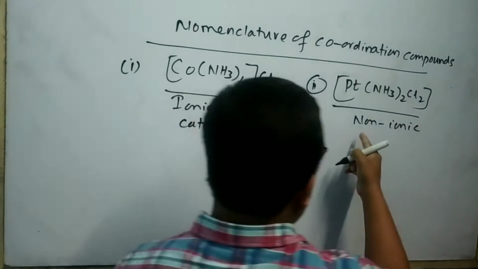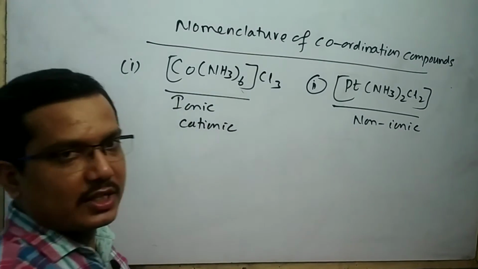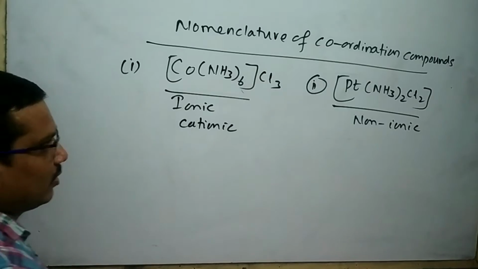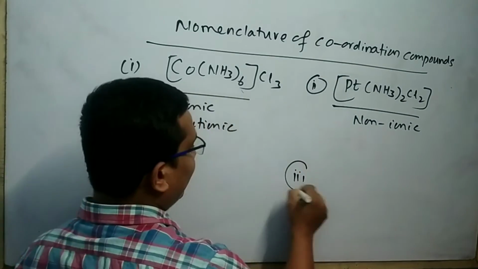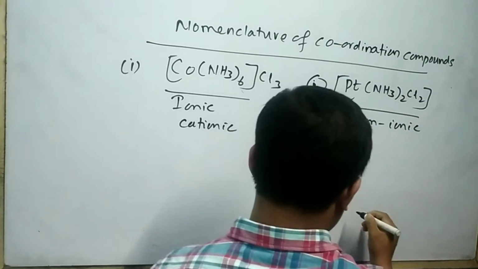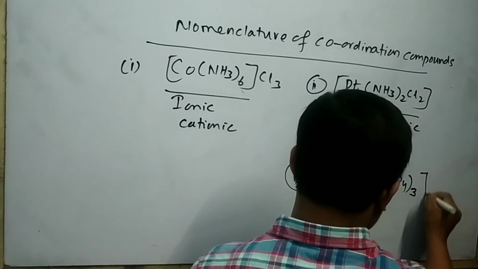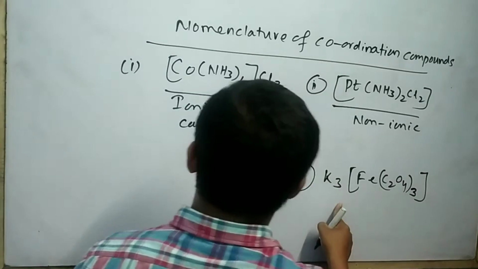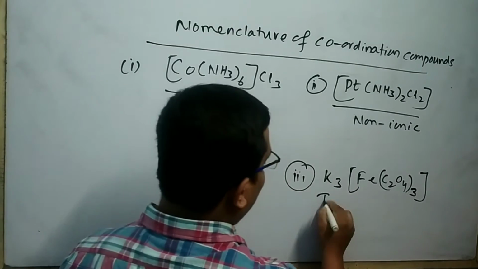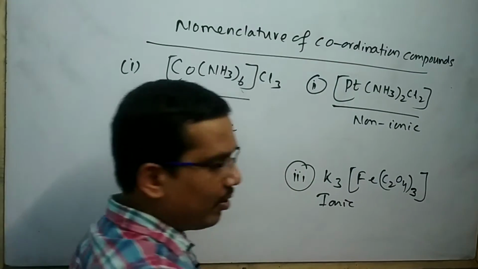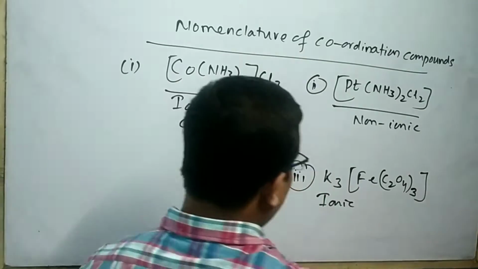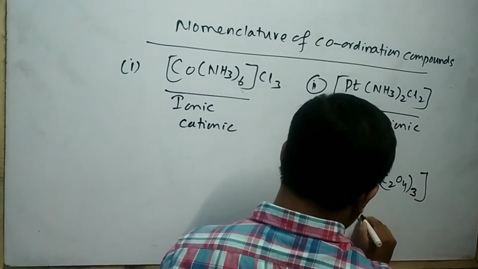This is your non-ionic coordination compound. Suppose I take another example, K3[Fe(C2O4)3]. This is also an ionic coordination compound, but it belongs to anionic complex.